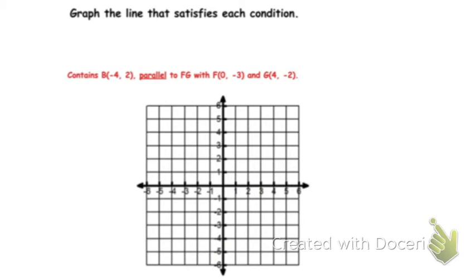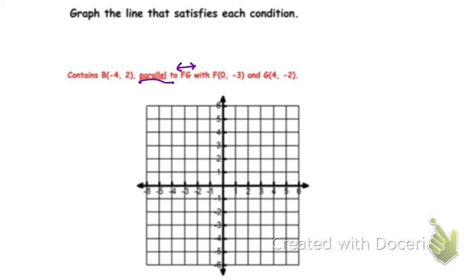Okay. Graph a line that satisfies the condition. So we want a line that contains point B. It goes through point B at -4, 2. We want it to be parallel to line FG, with F being at 0, -3, and G being at 4, -2.